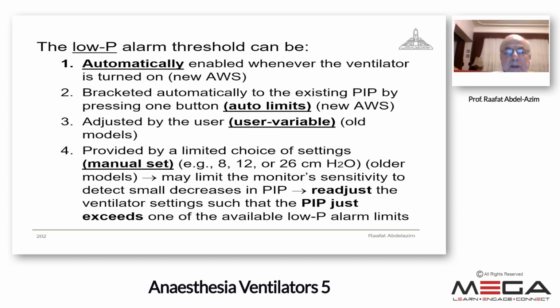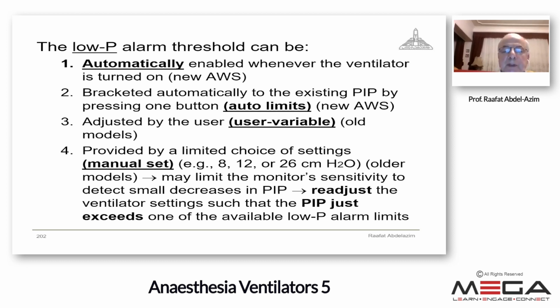The low pressure alarm is automatically enabled in the new anesthesia workstations or anesthesia ventilators. It is automatically adjusted. Not all the ventilators are like that. We have some other types, where it can be bracketed automatically to the existing pressure, so the ventilator will check the peak inspiratory pressure of this patient.